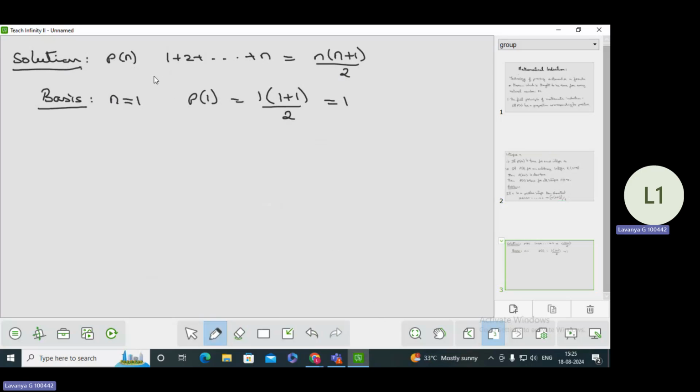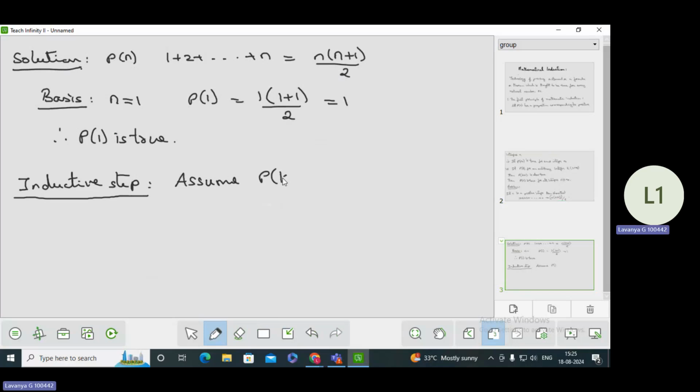Therefore, it is satisfied, or we simply say P of 1 is true. The next, we have to go for the inductive step. What is this inductive step? We assume the result is true for an arbitrary k and try to show it is true for k plus 1.